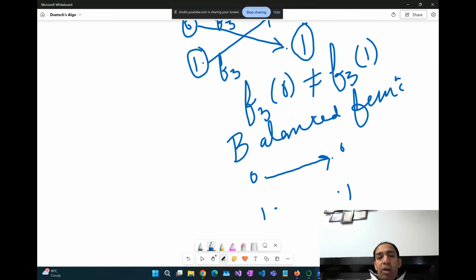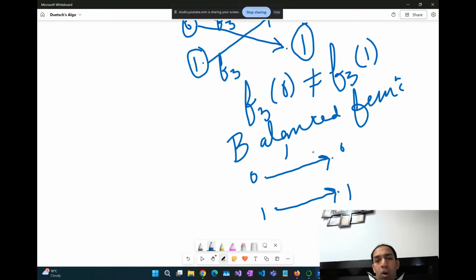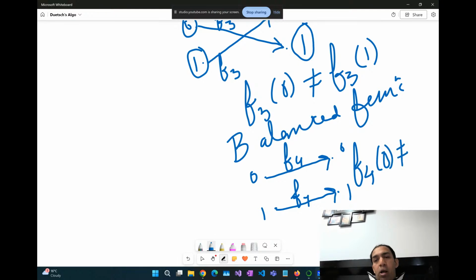And you give input as 1, the output will be 1. Now, if you think logically, let's call it function 4. Again, on the change of input, the output is getting changed, which means that function 4 with input 0 is not equal to function 4 with input 1, because the output values are not the same. That's what we call a balanced function.